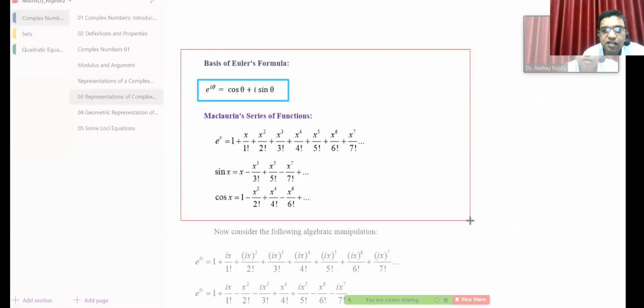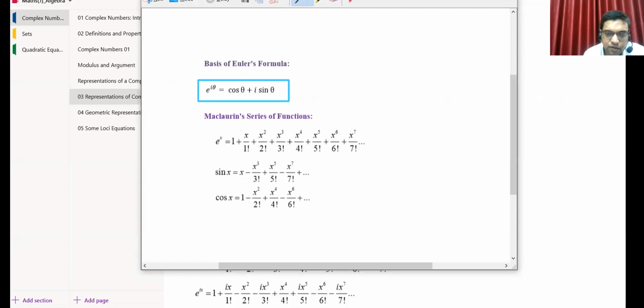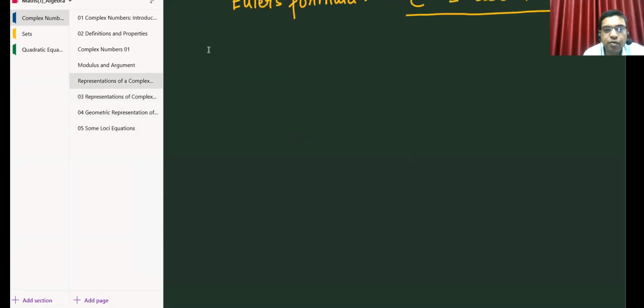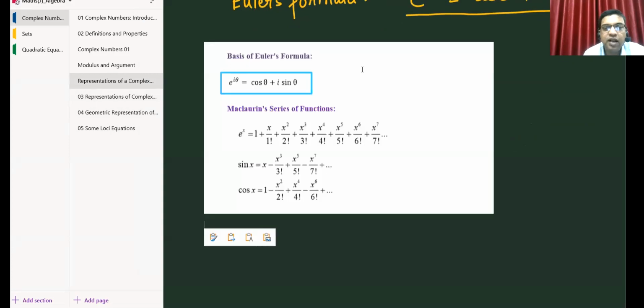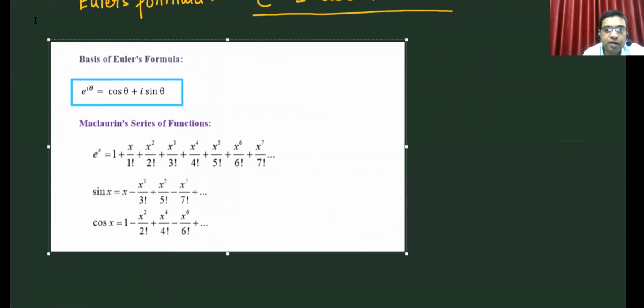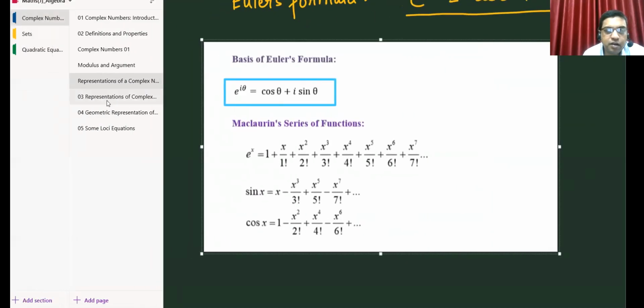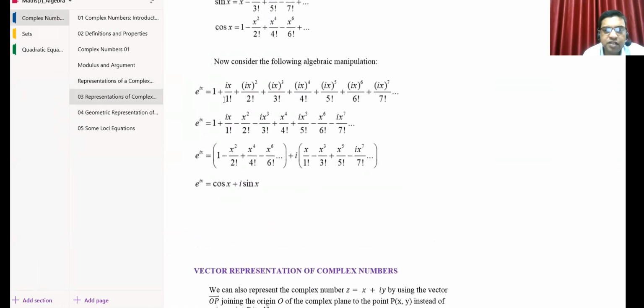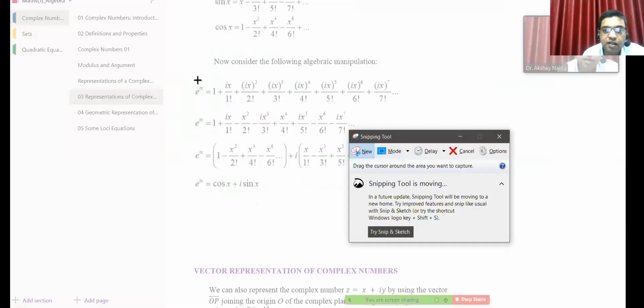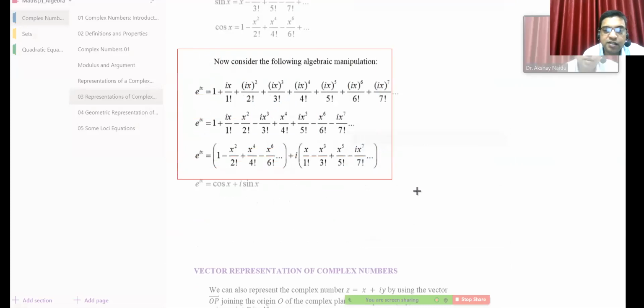How do you get this Euler's formula? The scope of it is a little beyond what we have learned now. You have to have a little idea of calculus, a little differentiation. But right now, you just have an idea of this. Later, when you come back to this after learning calculus, it will make so much sense.